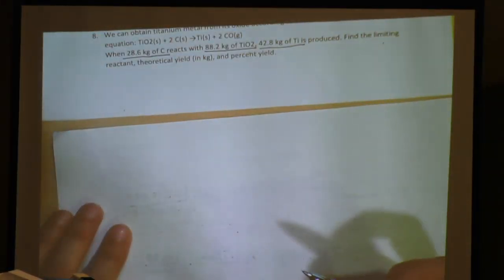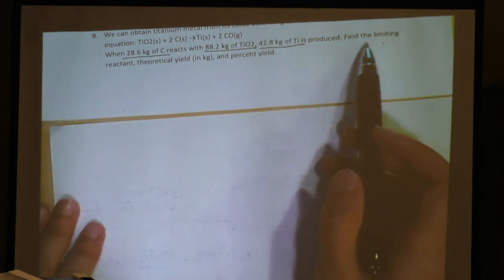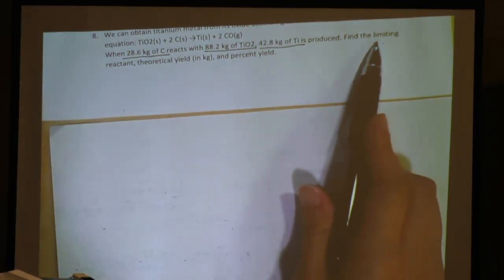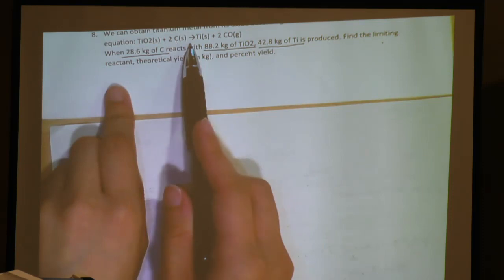Okay, so what I like to do to keep track of this is to go step by step. So what is our limiting reactant? Our limiting reactant is which of our reactants is going to produce the least amount of substance.